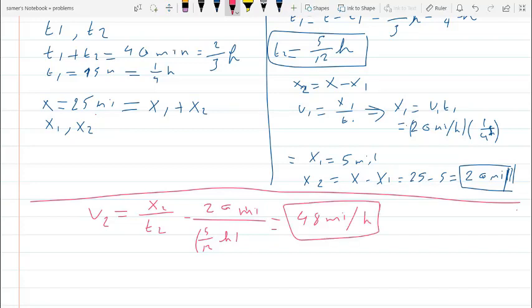In order to make my trip, I have to average 48 miles per hour in the second part of the motion.